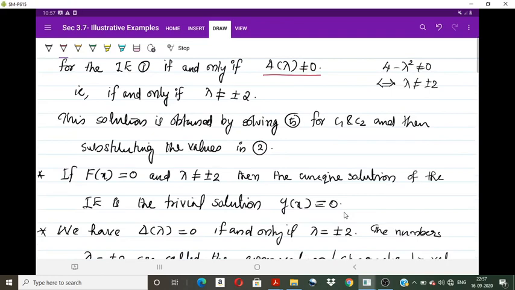The unique solution of the system is C1 equal to 0 and C2 equal to 0. Then substituting this in equation number 2, the unique solution of the corresponding integral equation is the trivial solution y of x equal to 0.